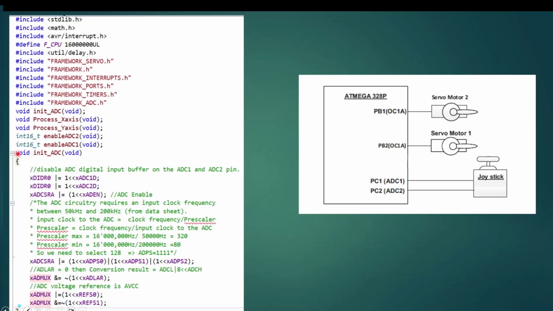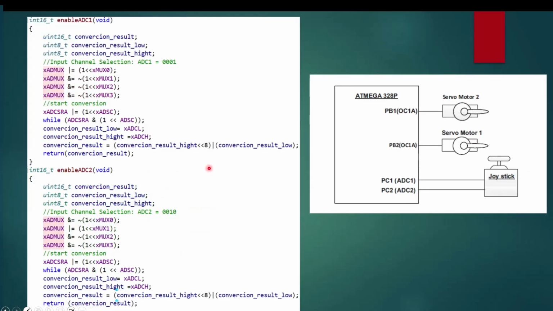This routine will initialize everything required to get the analog to digital conversion. Next, we have two routines, enable ADC1 and enable ADC2. What they're going to do is read the analog signal from the ADC1 and ADC2 ports connected to the joystick, and digitize that information.